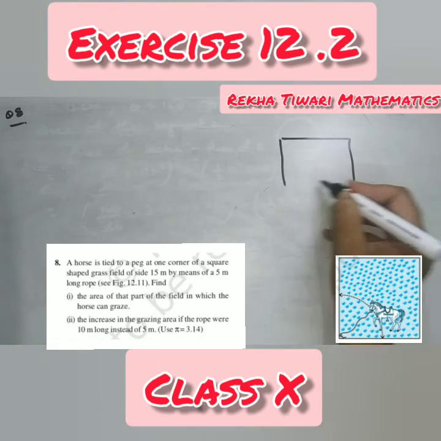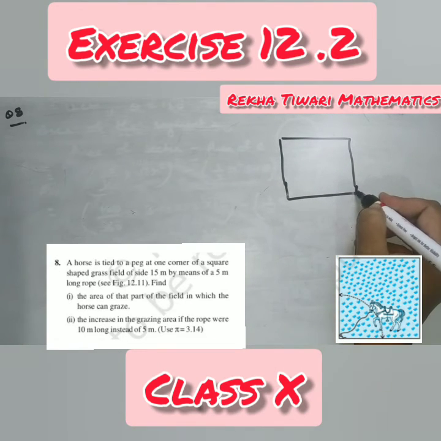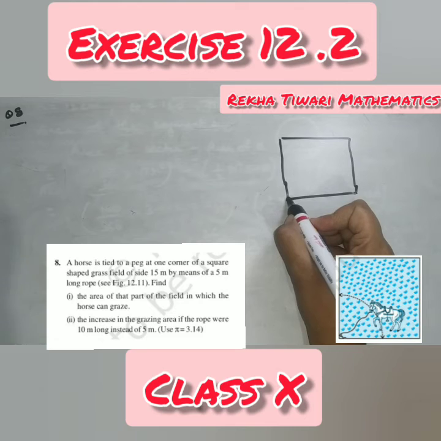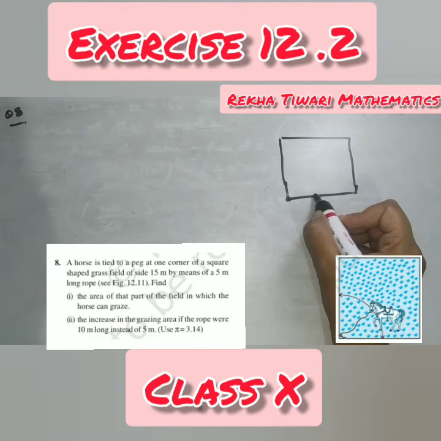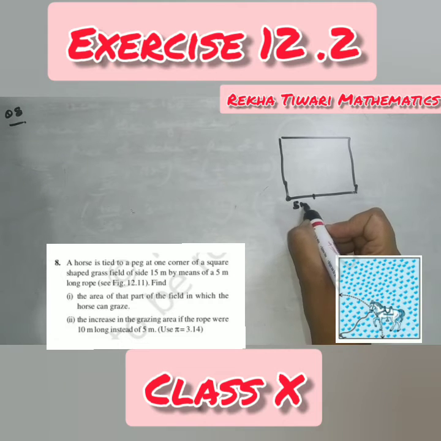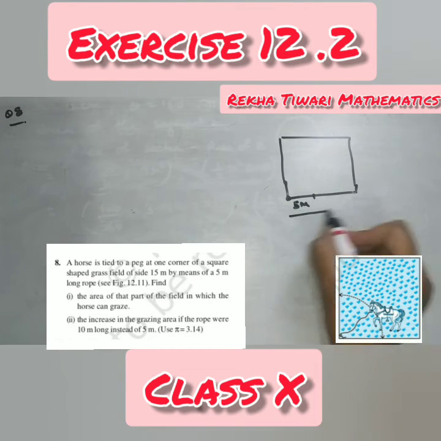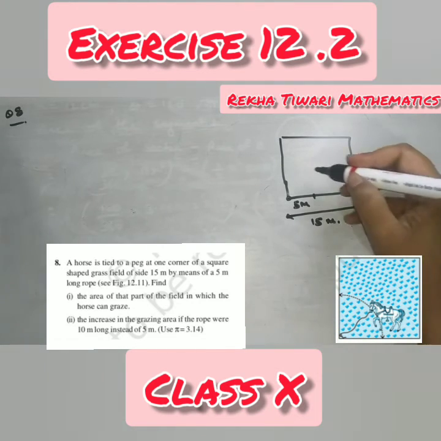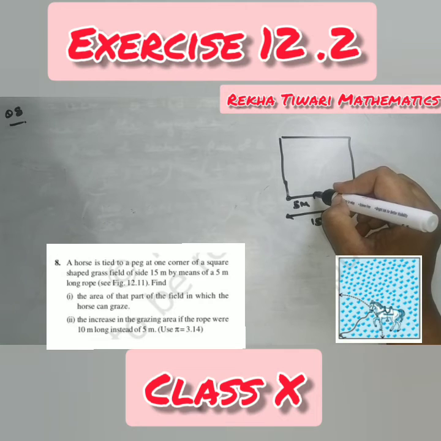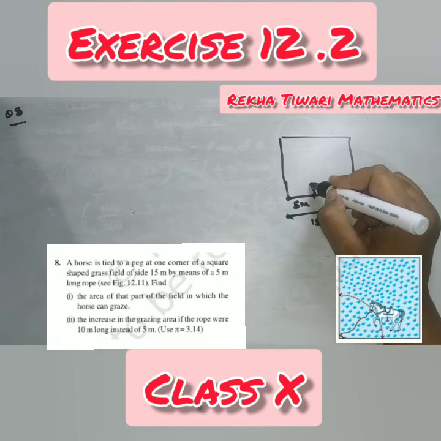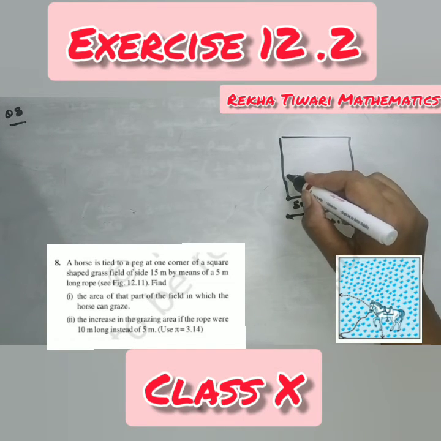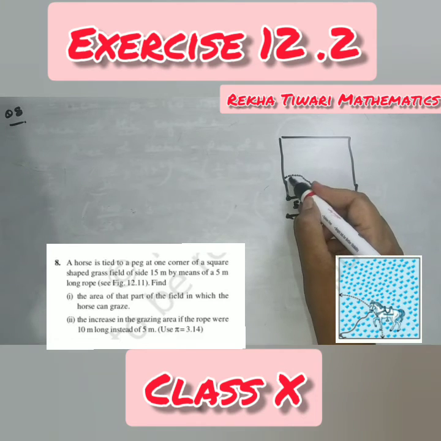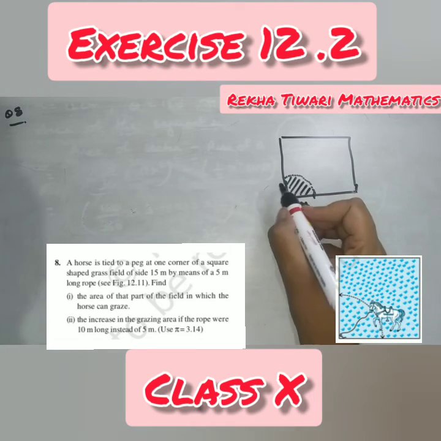See, this is the square. Horse is tied here with a 5 meter long rope, and the side of the square is given as 15 meter. So if a 5 meter long rope is there, that means the horse can move only in this direction. He can cover only this much of area.